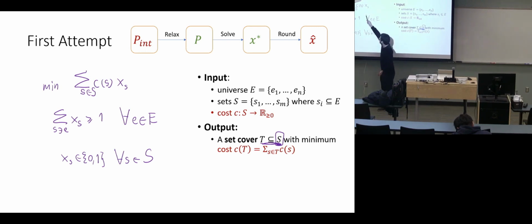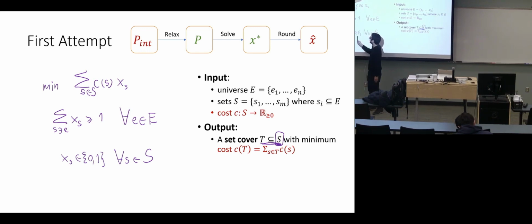So first, you just think about what the constraint is. It's a constraint for each element, so maybe just start with this. And then you ask yourself, what is the constraint for each element E? Well, you need to cover it at least once.